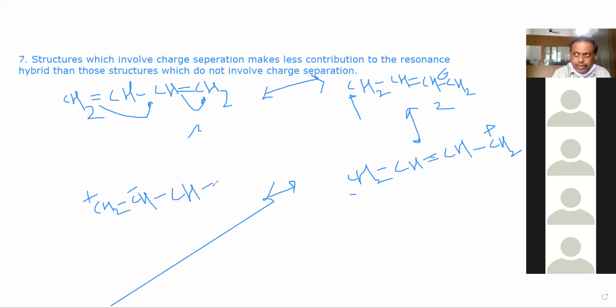This is the resonating structure, third and fourth.